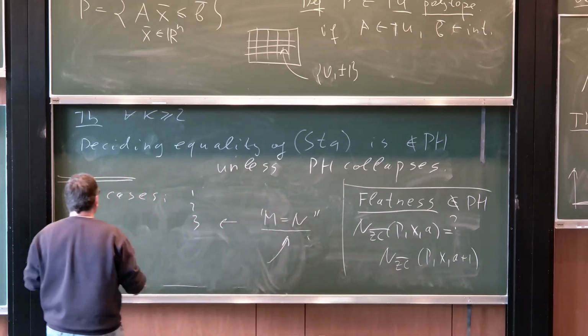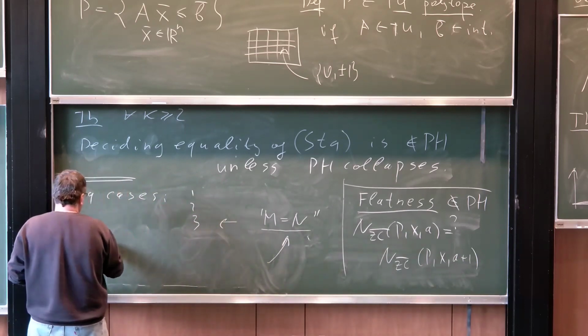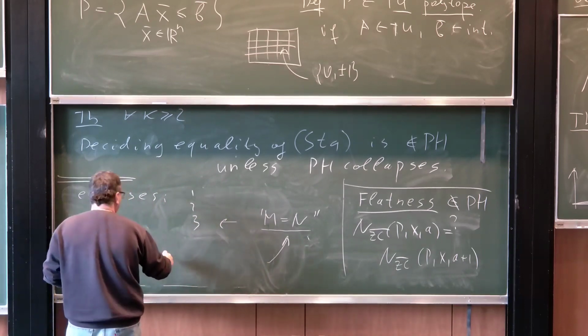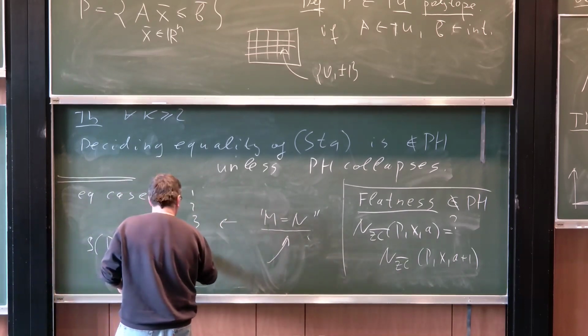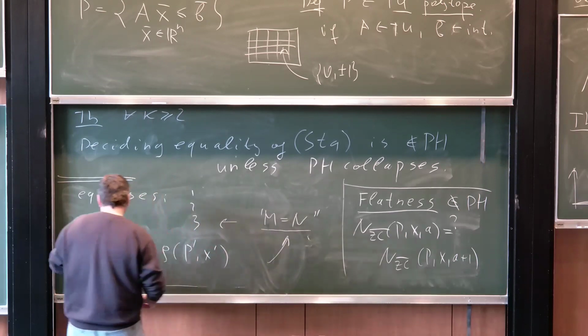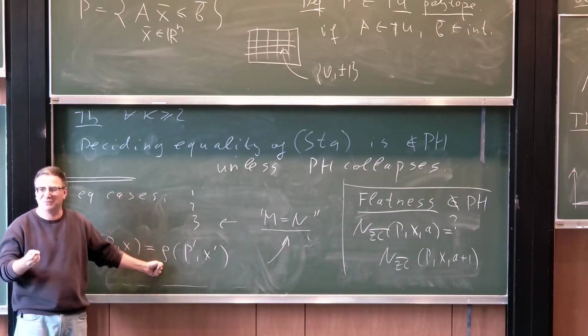Roughly speaking, they're saying that for some different poset P prime, x prime, we have equality of those ratios. That's what they're saying. And that cannot be decided. You see what I mean?